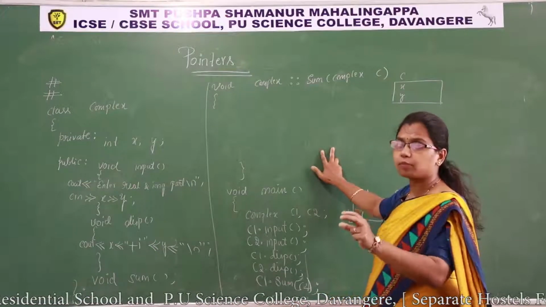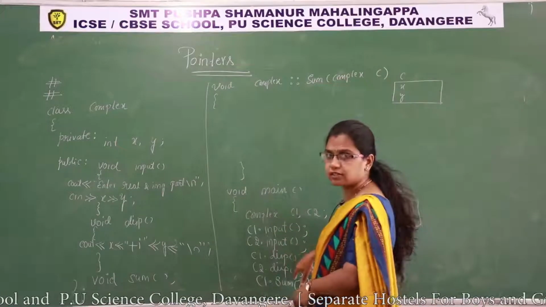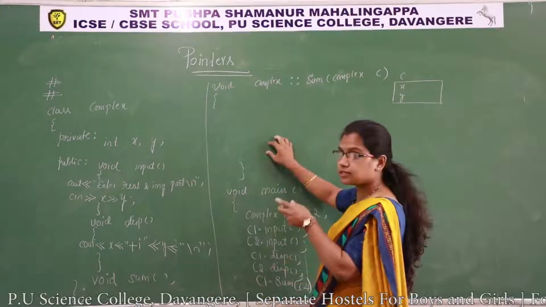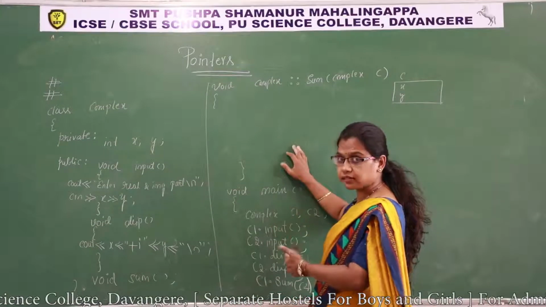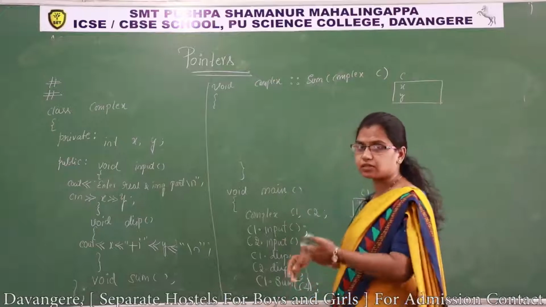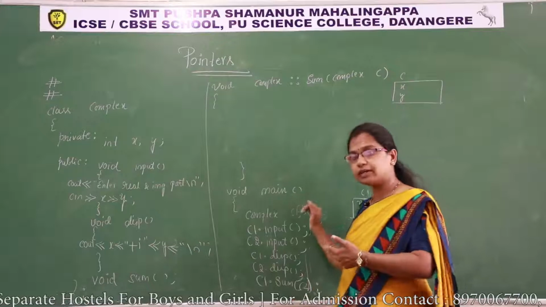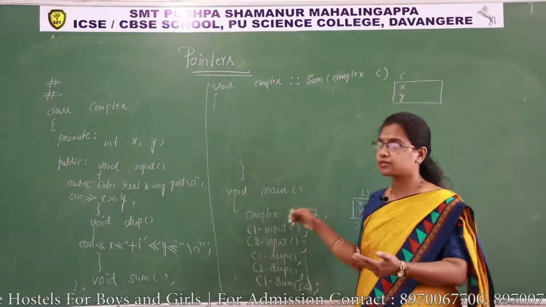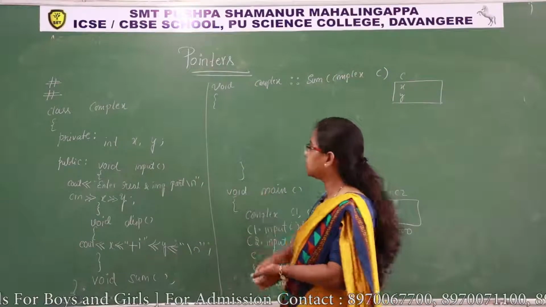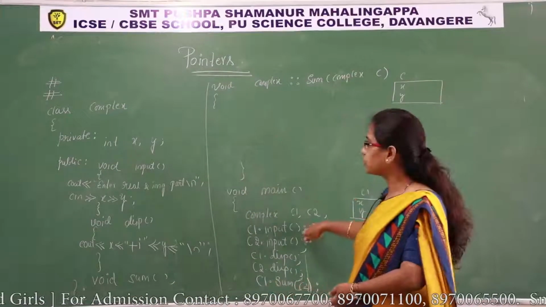That resultant complex number we shall pass from this function to this function. That result is moving to this function, that is returning, isn't it? This is called object as function return value. First, let us understand what is object as function return value. I already discussed it in the class and objects chapter, still I recall that concept. So this function returns an object to the main function.